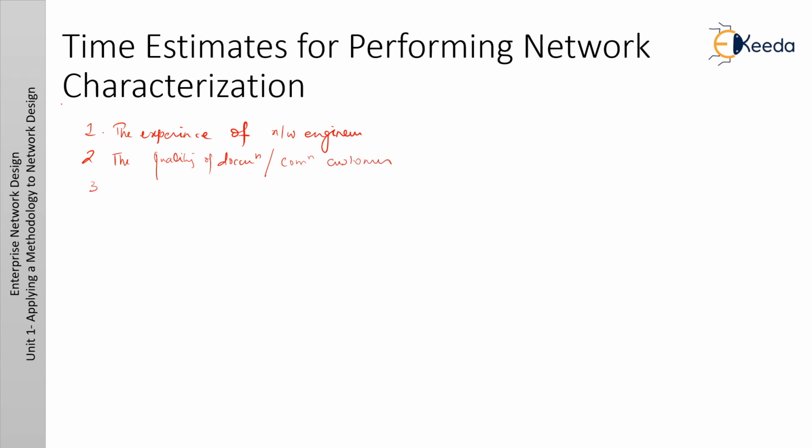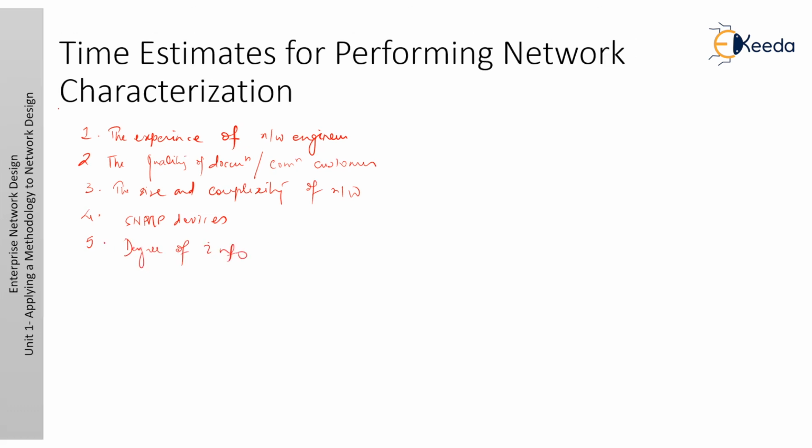Third is the size and complexity of the network. Fourth is whether or not network devices are currently managed via SNMP. Fifth is how much information is needed for the scope of the project, the degree of information.